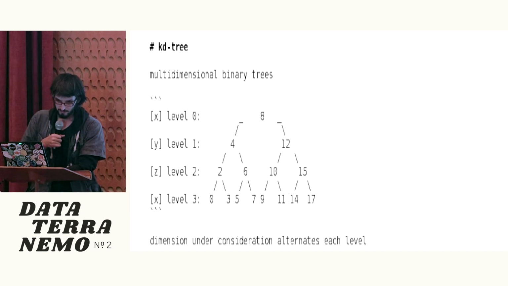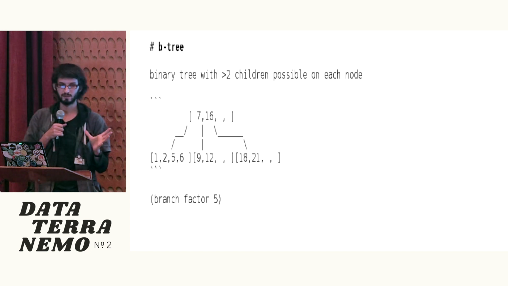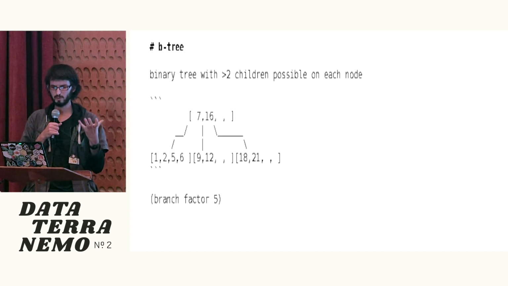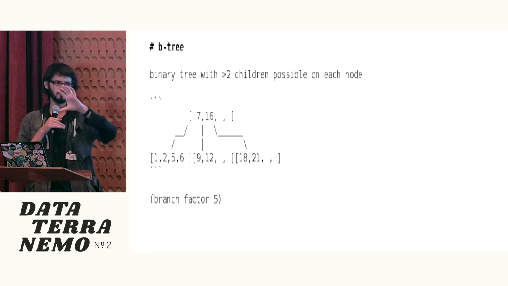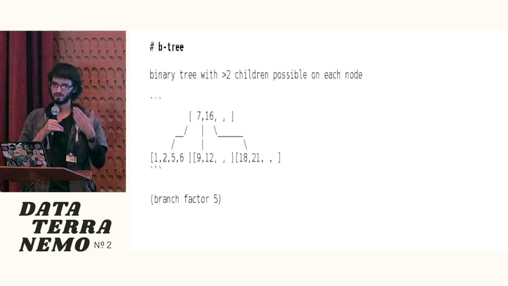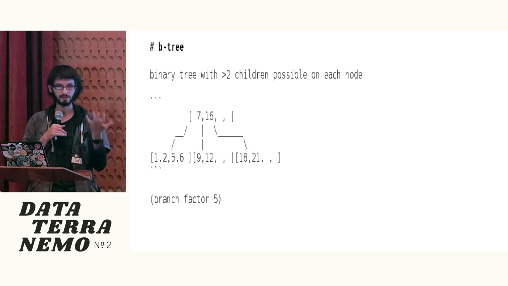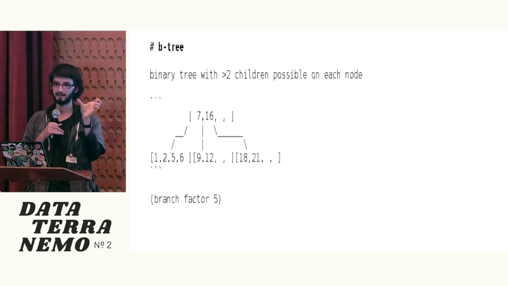Another fun idea here is a B tree. B trees are really great because with binary trees, the branching is only 2, so you have a left side and a right side. So it takes a lot of hops in practice to get to where you want to go. A B tree is a way to short circuit that process by packing more child nodes into each level of the tree.